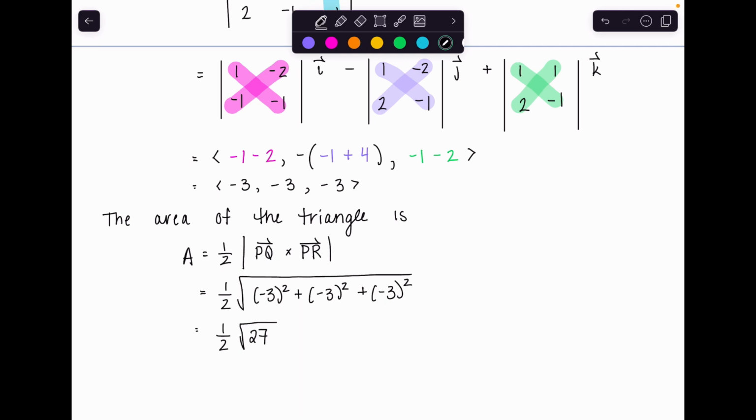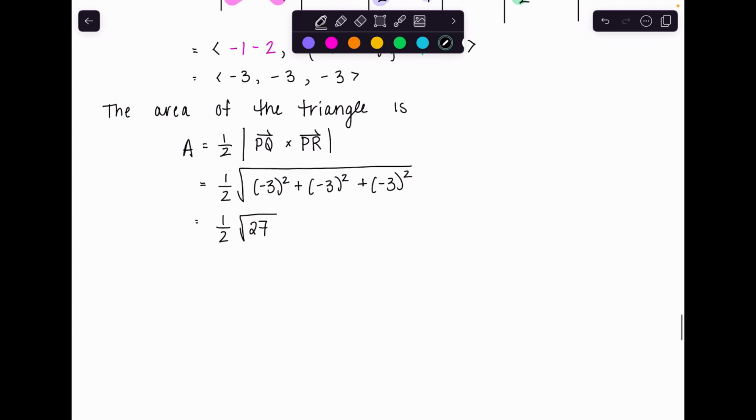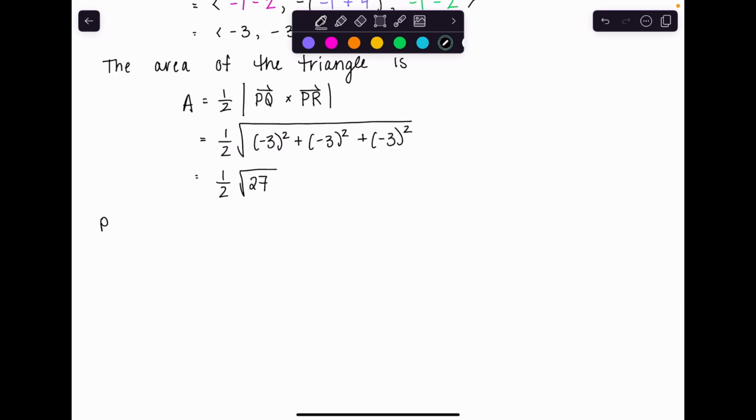So now that we got lots and lots and lots of practice with this cross product, let's go ahead and go through all of the properties with it. Again, up to you whether you're going to use these, but there is one property we're going to dive into a little bit deeper because it does have an application to it. So let's look at our properties of this cross product.